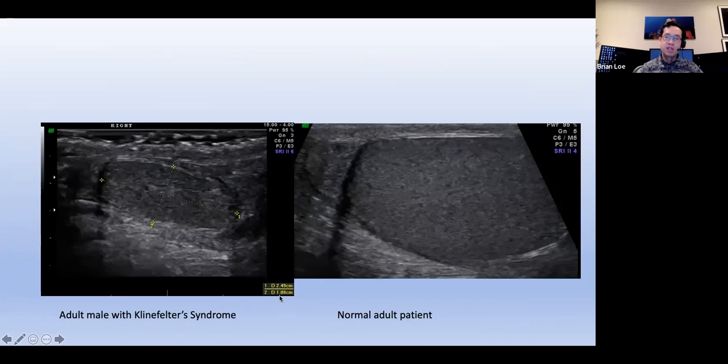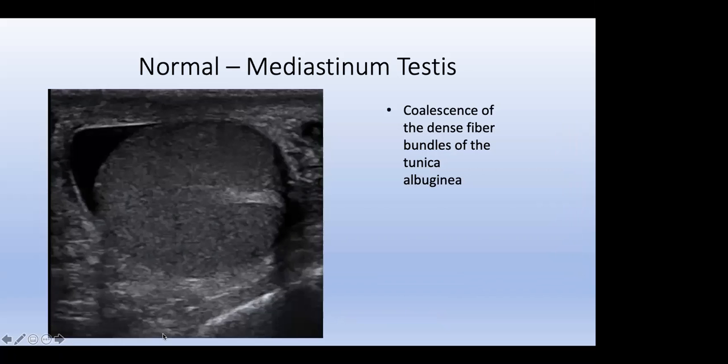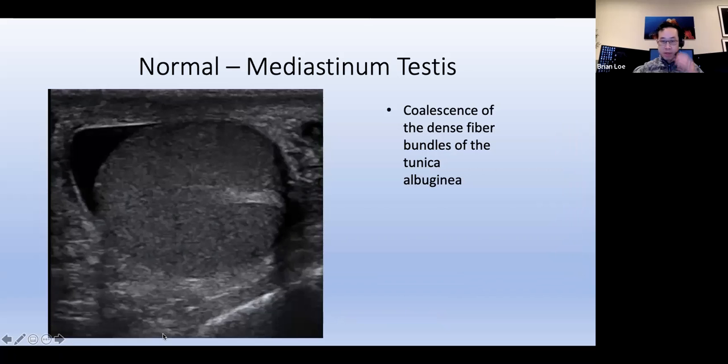You can see here the testis is much smaller. It's 1.1 by 2.5 centimeters. So the sagittal length of this is about half of what we expect. So this is of course a testicular atrophy in someone who just never developed fully into an adult male size. Okay, so part of the normal spectrum again.